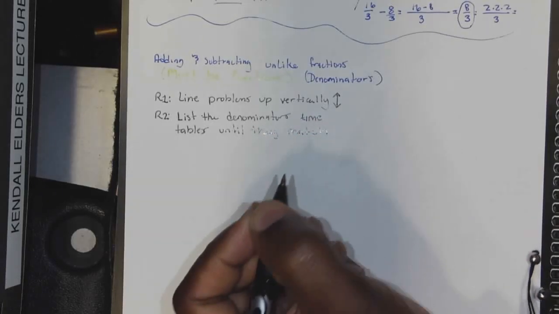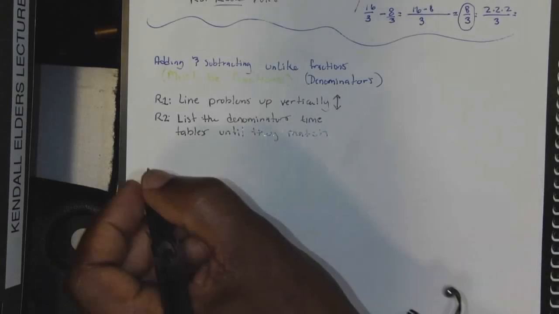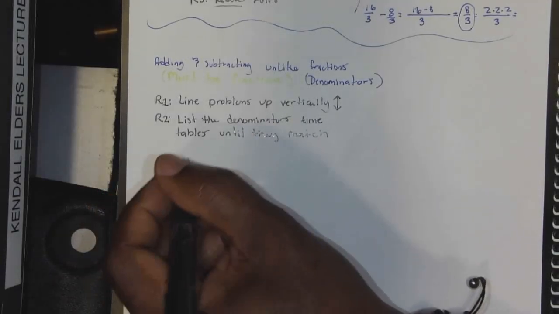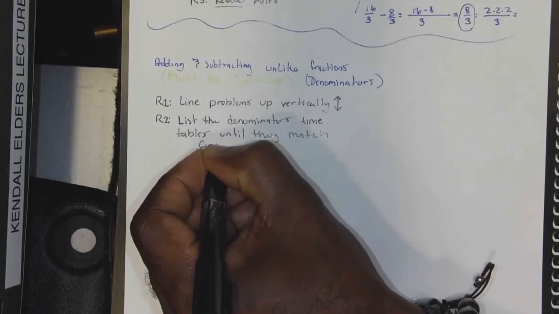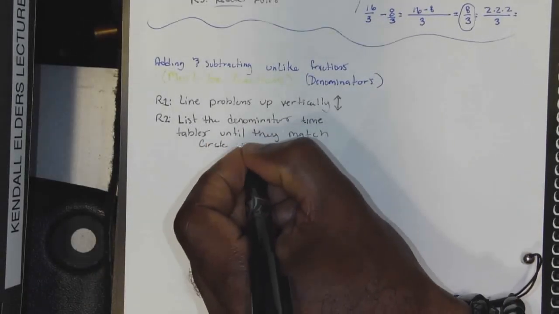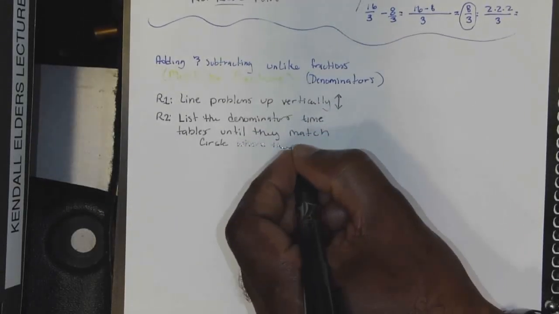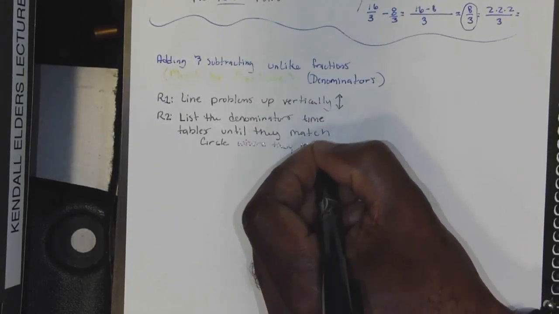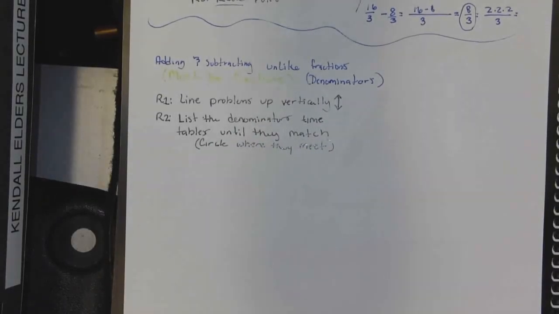Alright. List the denominator's timetable until they match up. Alright. And then we're going to say circle where they meet. Circle where they meet. When I say meet up, circle where they meet, I mean circle where they come up to be the same.